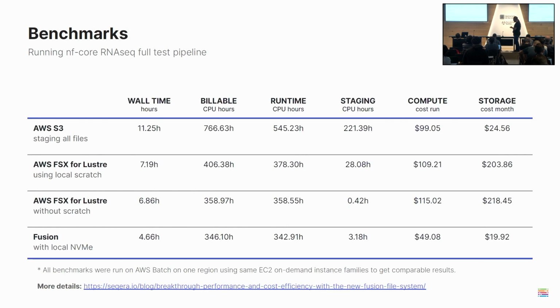But even if we didn't expect the performance to be much better than FSx Lustre, we really expected the price to be much better, because we are using only S3. We don't need to pay for EBS disk. We don't need to pay for Lustre.